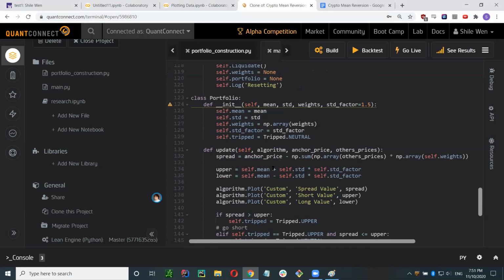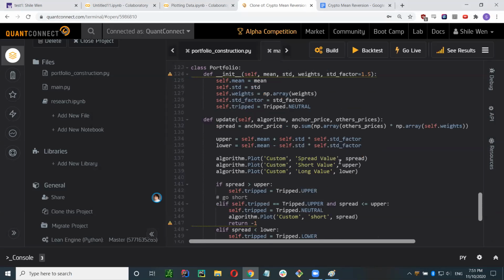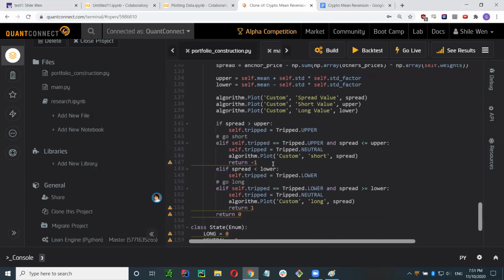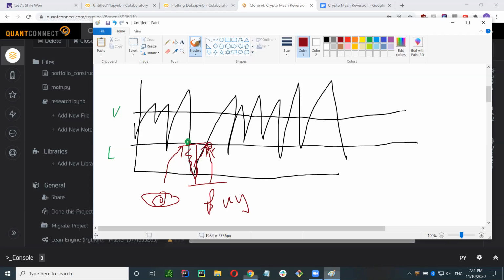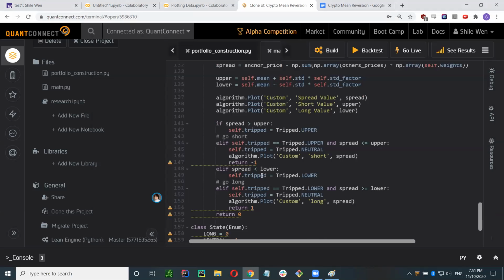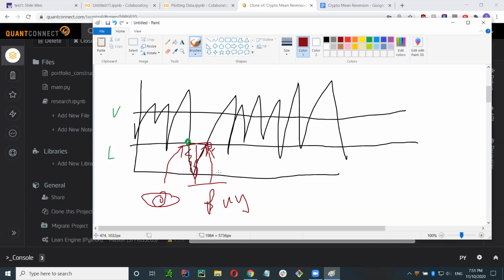This is what I was talking about. The standard deviation factor is 1.5, so we have upper and lower bounds. If the spread, which is the value of the portfolio, trips the lower bound, we start watching it, self.tripped_lower. It's called spread because it's a spread between BTC and the other three cryptos.